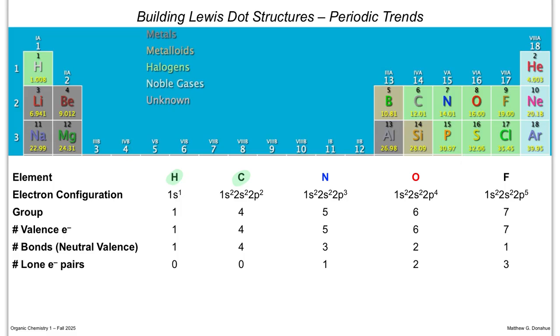The other elements I'm going to refer generally to as heteroatoms. So hetero means different. So anything that's not carbon and hydrogen is a heteroatom.